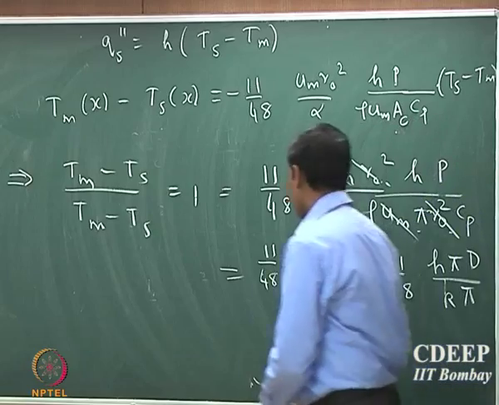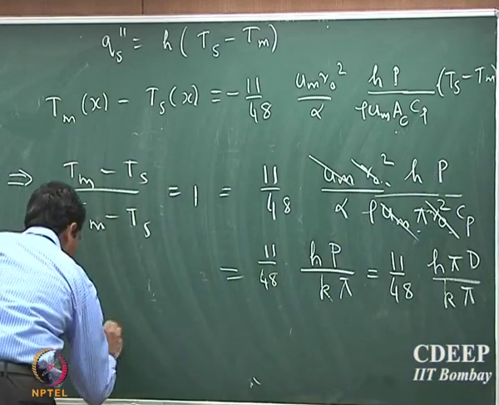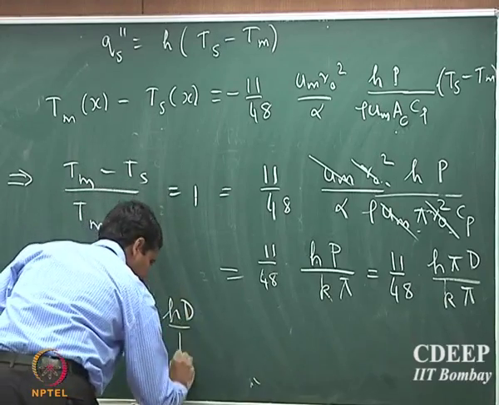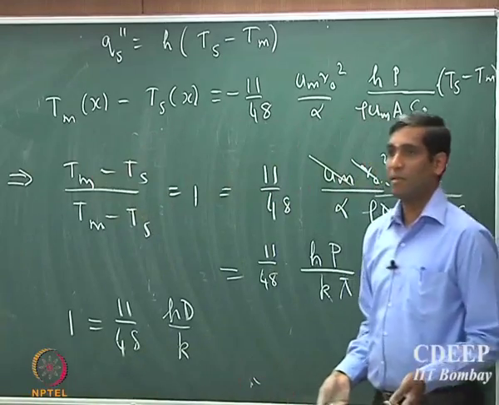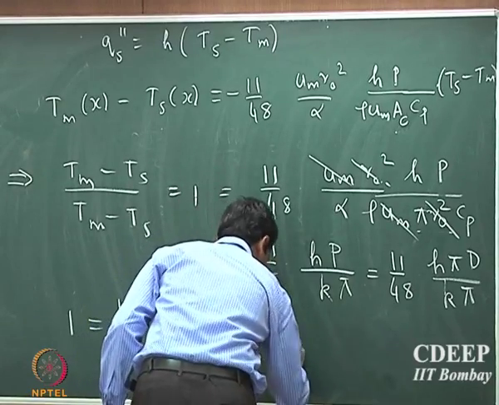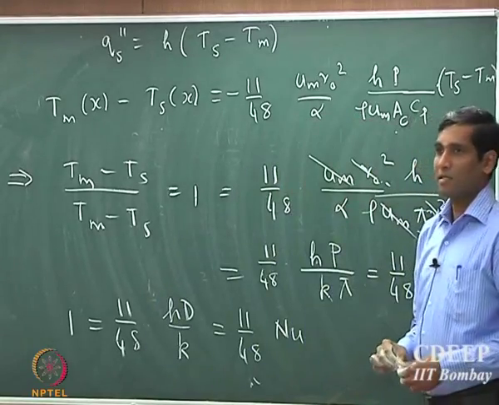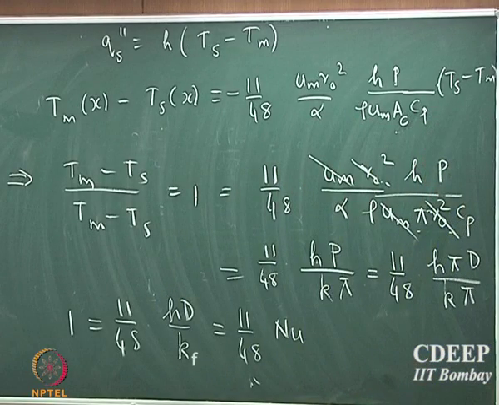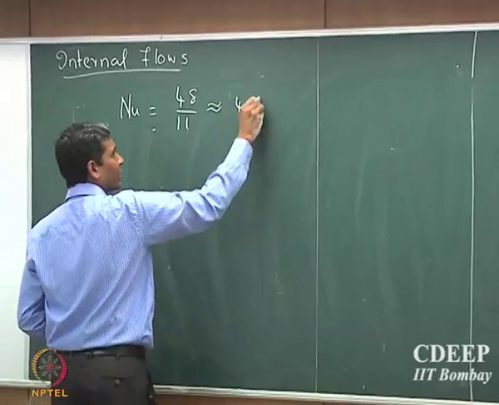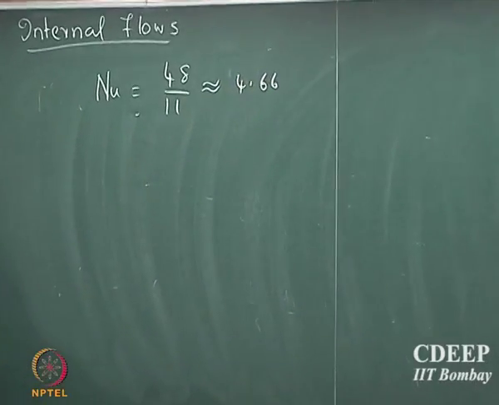So now from here we will see that 1 equals 11 by 48 into hD by K. What is hD by K? This is Nusselt number, right. So that will be 11 by 48 into Nusselt number. So from here we find that Nusselt number is 48 by 11, which is approximately 4.36.